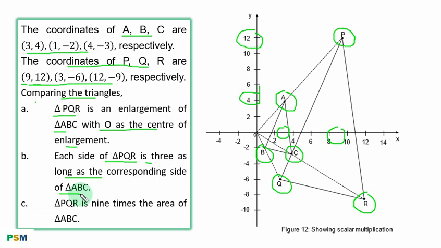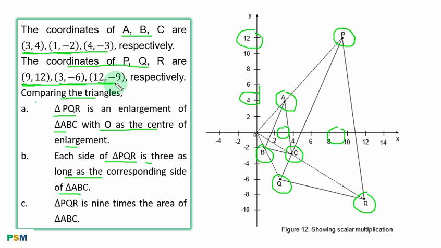This is very straightforward. Look at point A. This is point A. Look at point P. You multiply this point by 3 and you have this result. Here, the same 3, you have this result. Here, the same 3, you have this result.